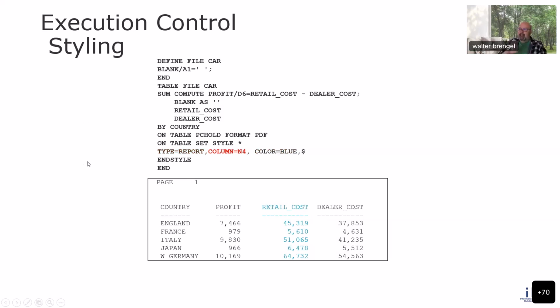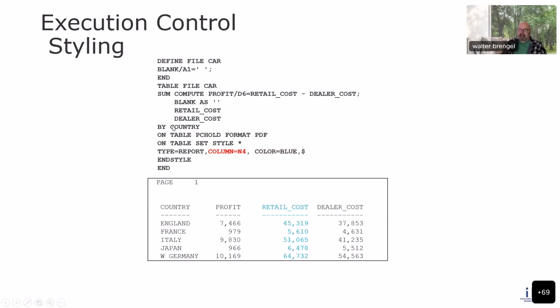Now, there's another thing you can do if you want to use the retail cost field name. You can put in the styling column equals retail cost, open paren, and then either a number to tell which reference of retail cost you want. Remember I said from the compute, it gets added to the matrix once, and then it gets added a second time.